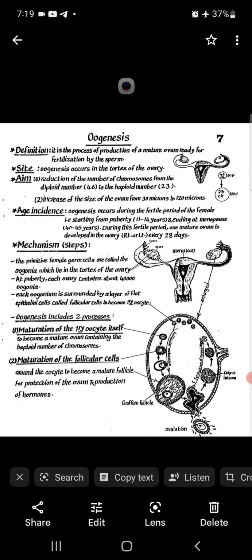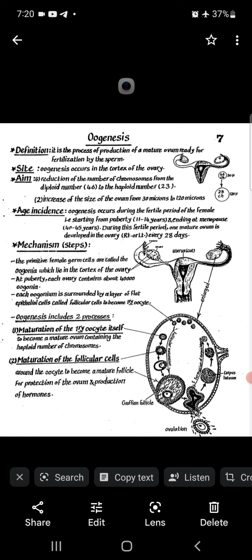Each oogonium is surrounded by a layer of flat epithelial cells called follicular cells. In this stage, the oogonium becomes a primary oocyte.